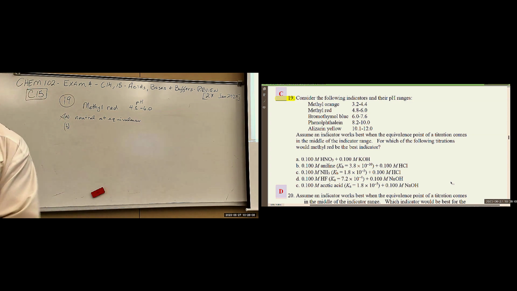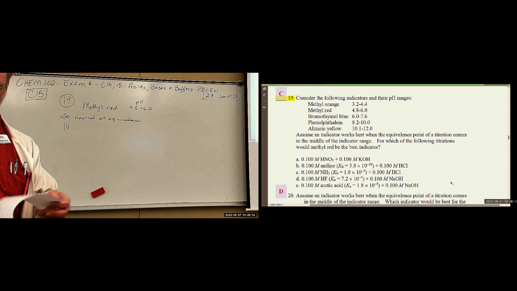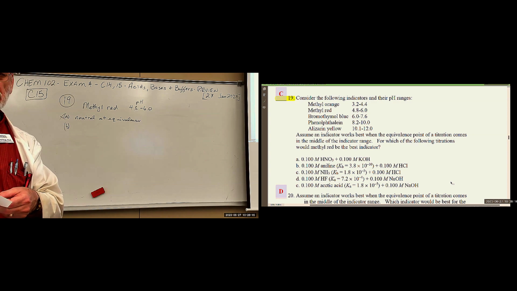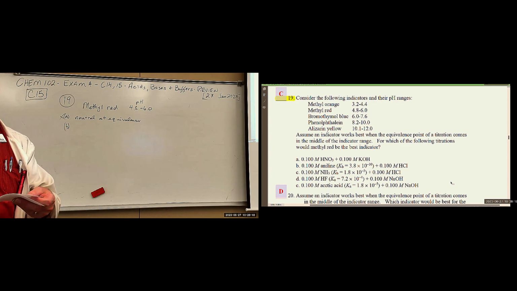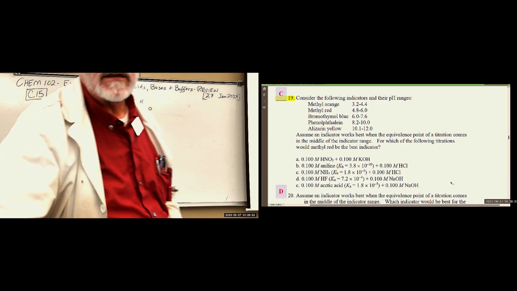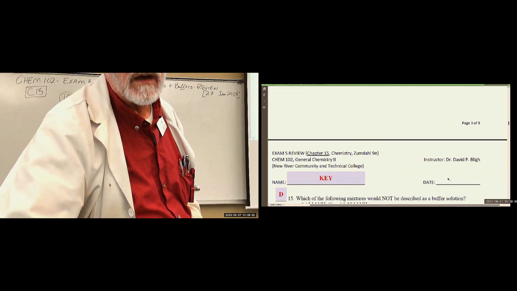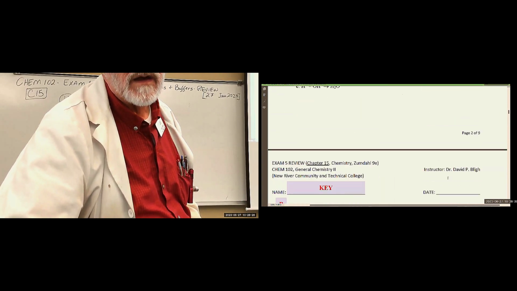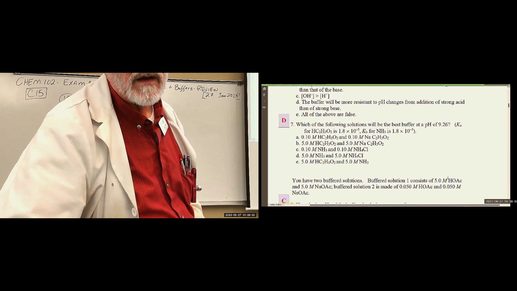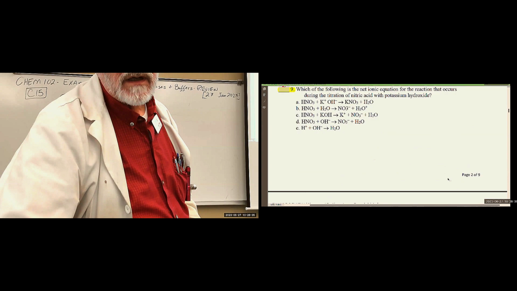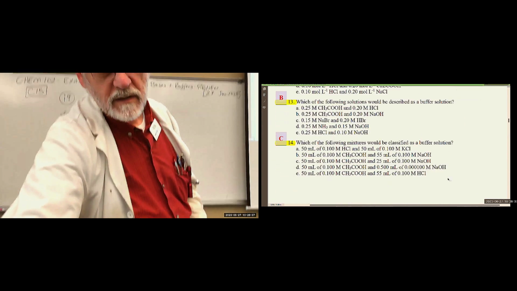Let's see. Did I do this already? I think I did this one. I did all the math in the. Why am I skipping the 19 already? Hold on a second. Okay, we did all those, right? Oh, okay.